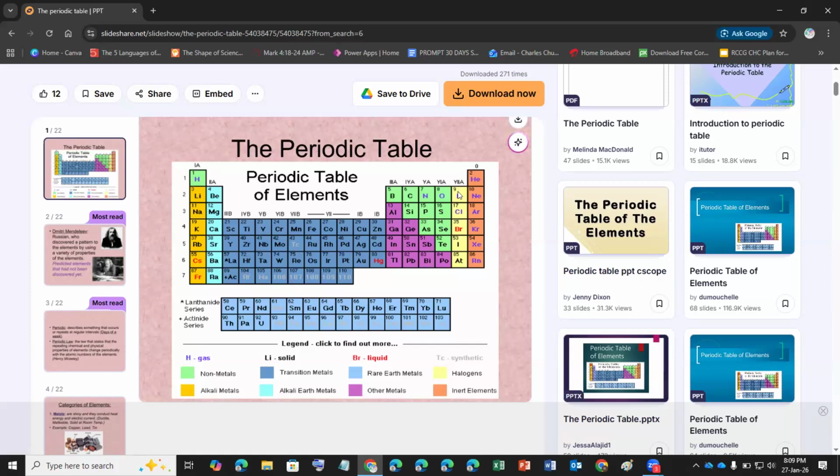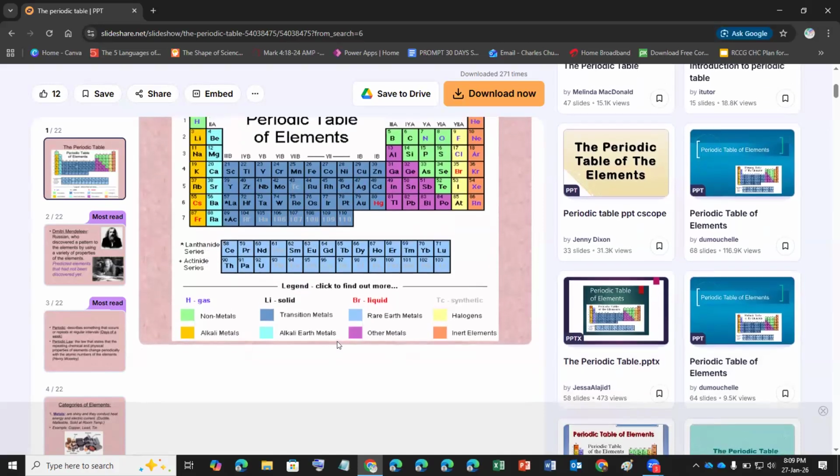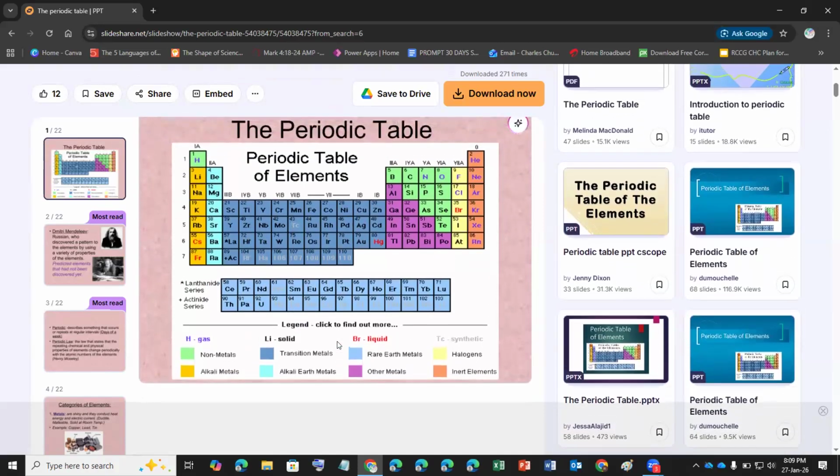Now, fluorine, chlorine, bromine, and the others, those ones too are non-metals. But I think because they are in a particular group, it's safe to give them a particular name. That's why they call them halogens. I'm not sure if they want you to know the group name, but it doesn't hurt to know them.